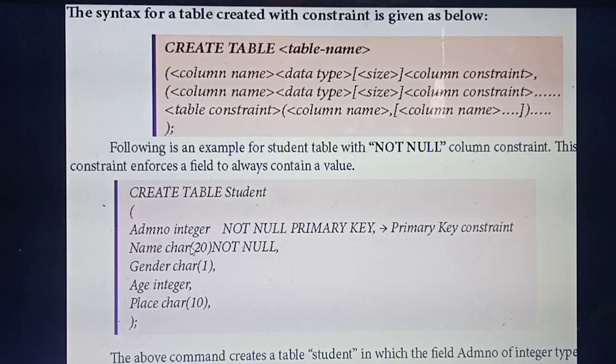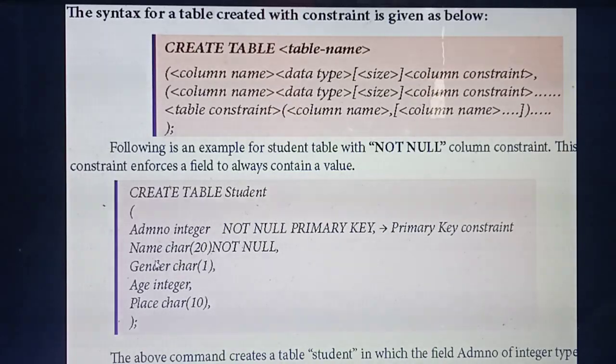Understand? Next, what's the second column name? Name. Then what's the data type? Character of 20. What's the meaning of 20? You can enter a name up to 20 characters. Understand? So name is also a must, so you are giving the constraint not null.